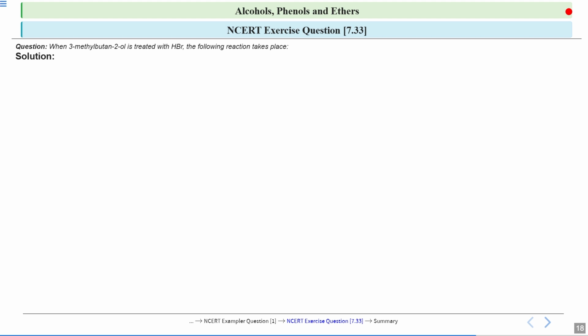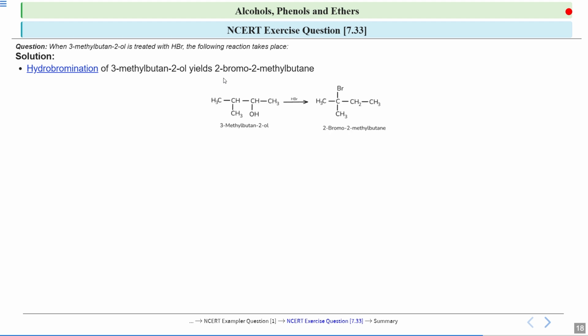Okay, students. So let's see the solution. So what is happening? In this particular reaction, hydrobromination of 3-methyl butane 2-ol. So you can see initially our reactant was 3-methyl butane 2-ol. So hydrobromination is happening and this 3-methyl butane 2-ol is yielding 2-bromo 2-methyl butane. Okay.